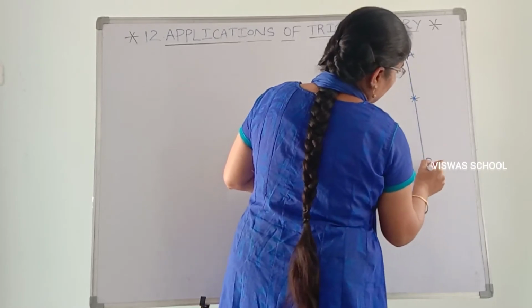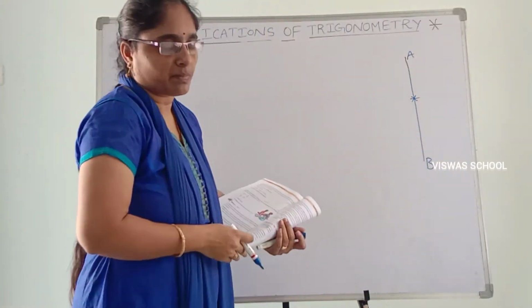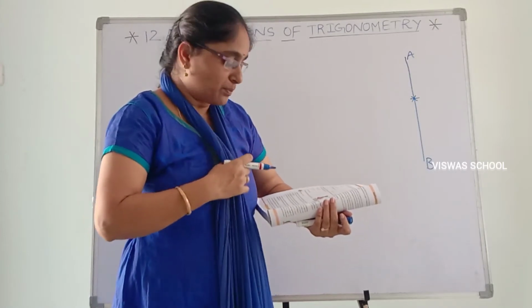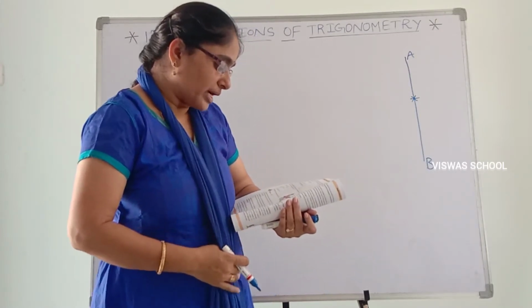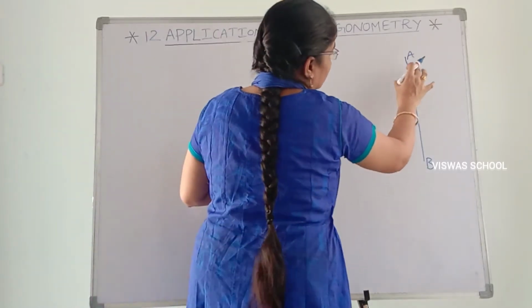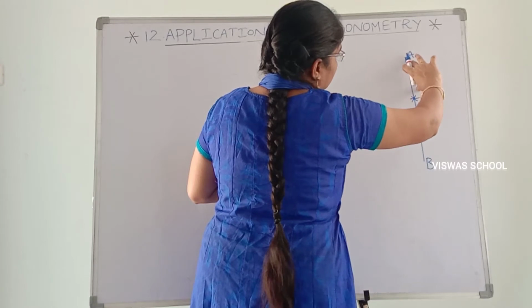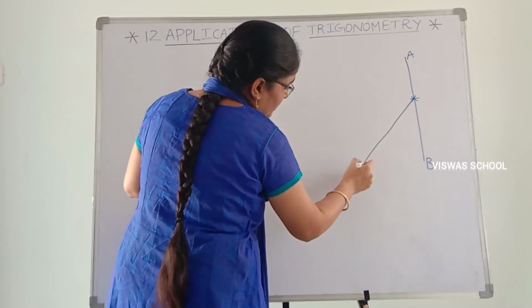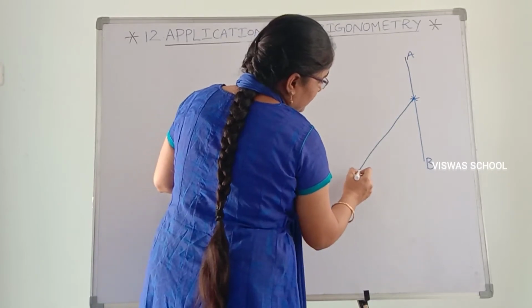That is, AB is a tree. A tree breaks due to a storm and the broken part bends so that the top of the tree touches the ground by making the angle 30 degrees. That is, this part touches the ground with the angle 30 degrees.